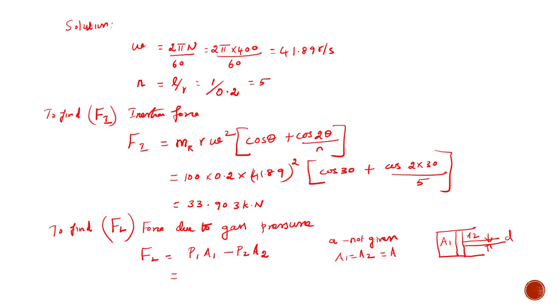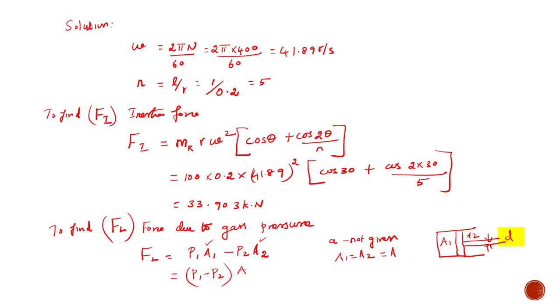Now this equation changes into (p1 minus p2) multiplied by a, because these two terms are equal to a. So I'm just taking a outside. So this equation becomes (p1 minus p2) multiplied by a.